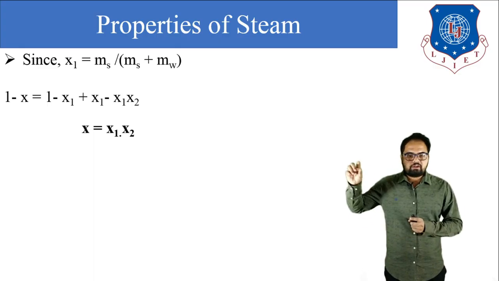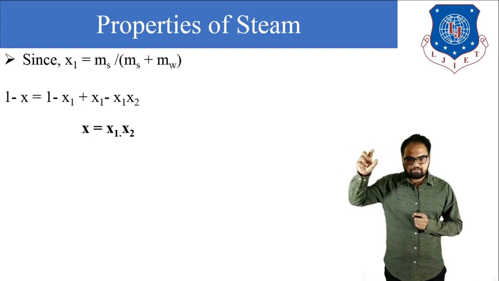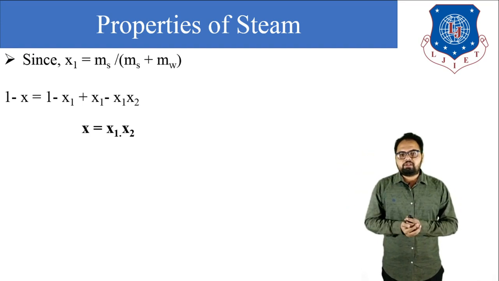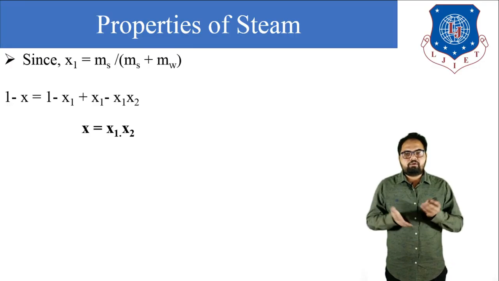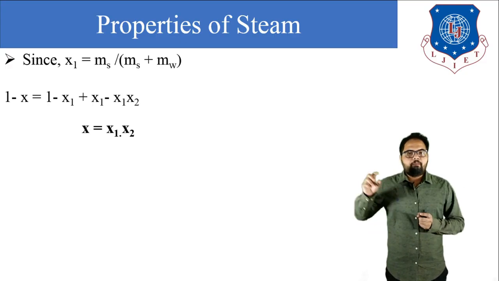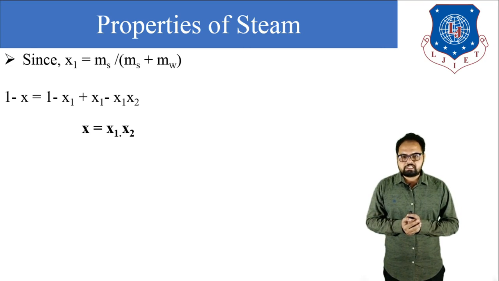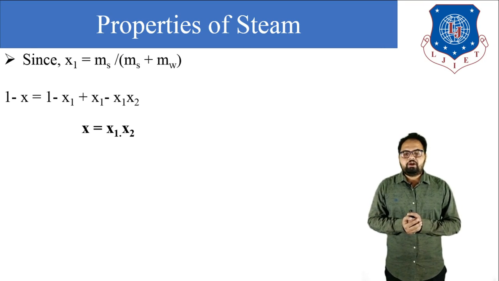As we know, the final dryness fraction of the steam will be x. So in the main steam line the dryness fraction is x, so definitely the wetness fraction is 1 minus x multiplied by its mass. So the water present in the main steam line is (1 minus x) into (Ms plus Mw).